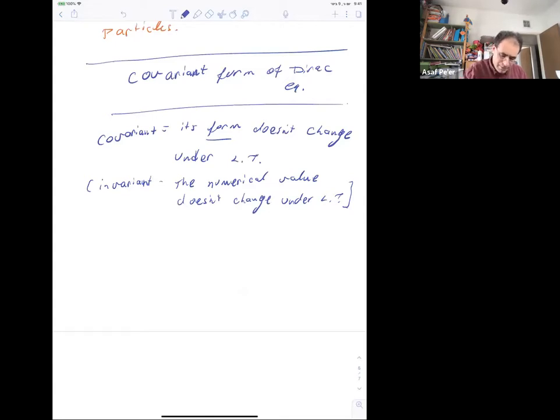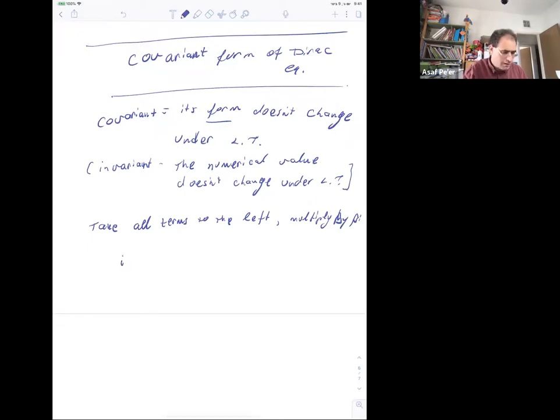So I start with the Dirac equation and take everything to the left, getting I alpha j dj plus I dt minus beta m, psi is equal to 0.